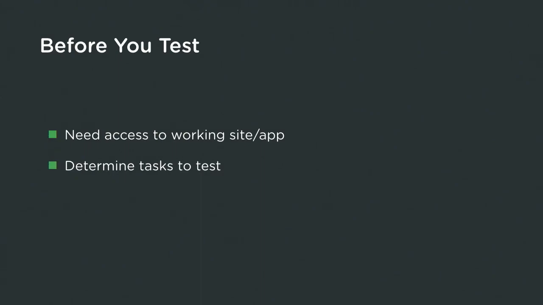Determining the tasks to test. This is vital for your testing process, and it's something that I did talk about a little earlier. What are those things that really drive your site? What are the things that really tie into the metrics of success, if you will?